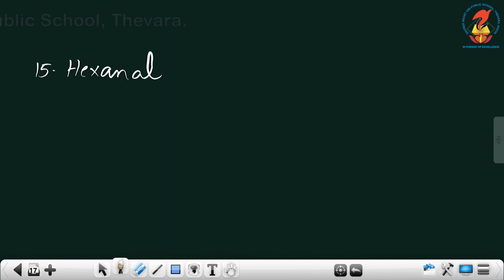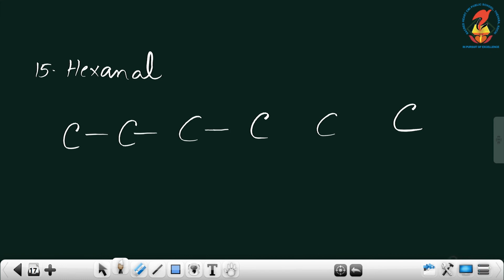Hexanal. Hex means you write 6 carbon atoms. AN, so all the bonds here are single bonds. Al is the aldehyde functional group. It should come at the corner end only.